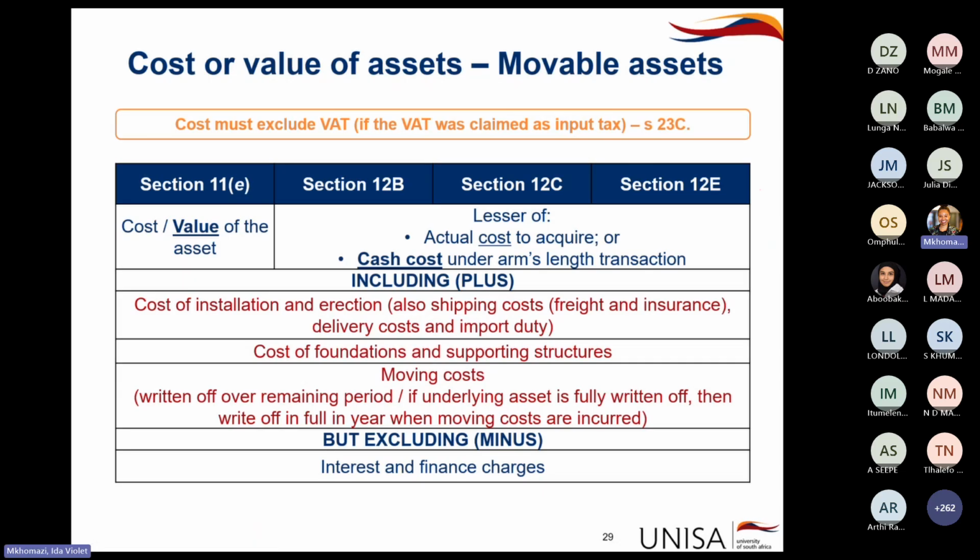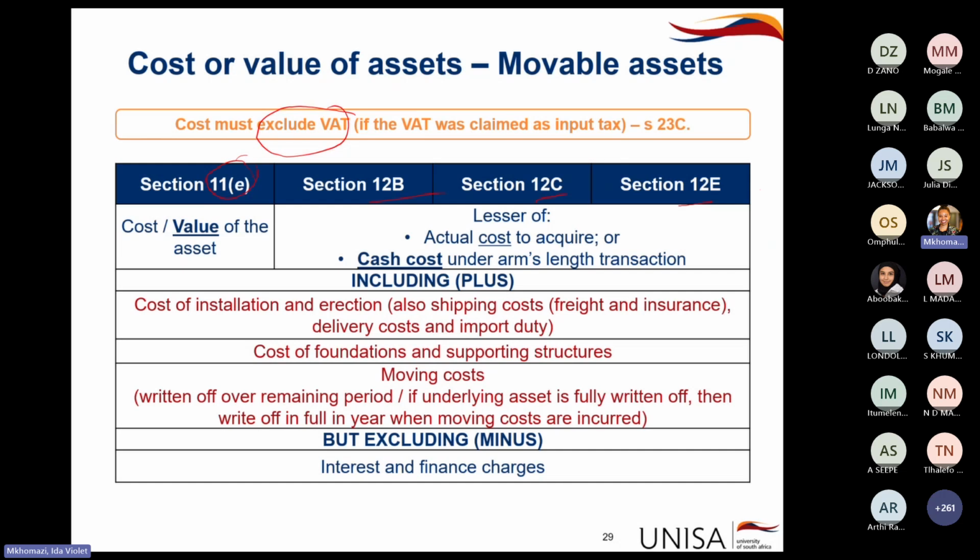Firstly, for the purposes of your studies, we only have 4 movable capital allowances that are in scope for you guys. We have section 11E, we have 12B, C, and 12 cap E, right? So these are the only 4 that you need to study that are in the syllabus for you. Principle-wise, remember that the cost should exclude VAT.